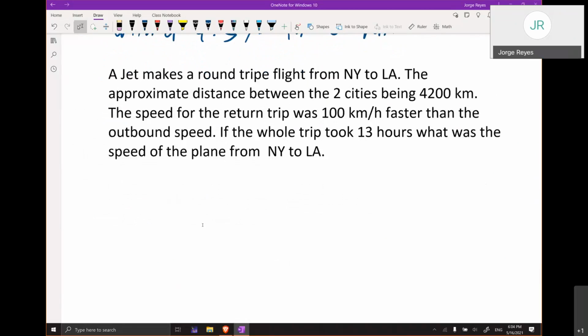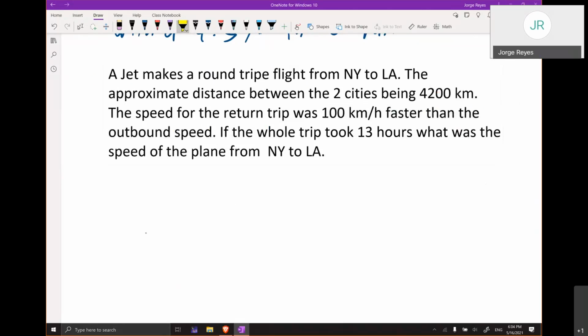I do not know the distance from New York to LA, but let's pretend it's this. The speed for the return trip was 100 kilometers per hour faster than the outbound speed. If the whole trip took 13 hours, what was the speed from New York to LA? Or what was the outbound speed?